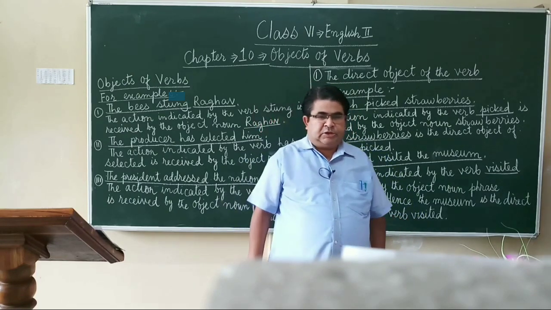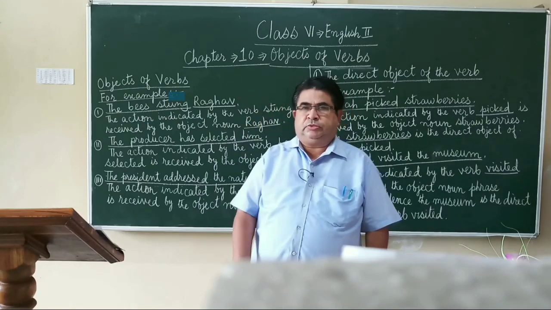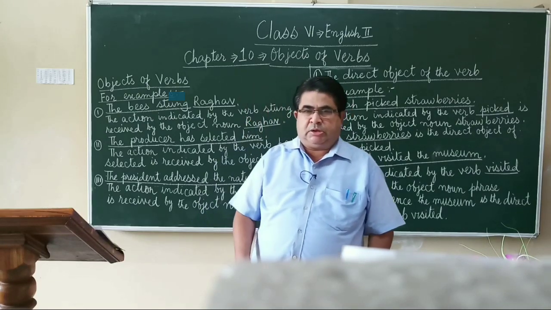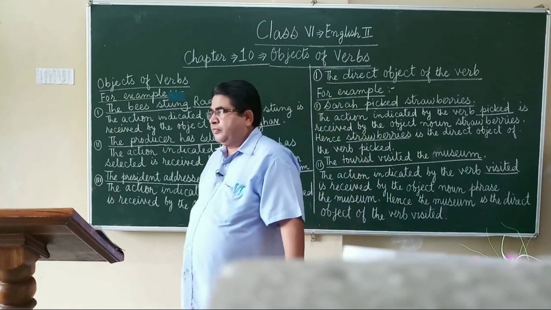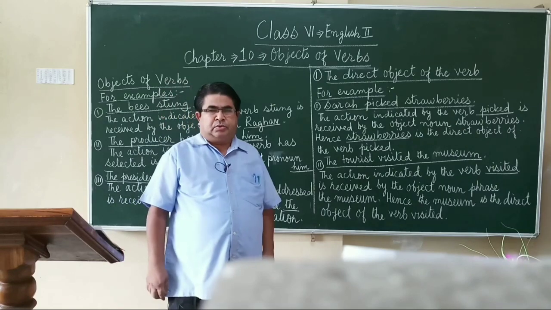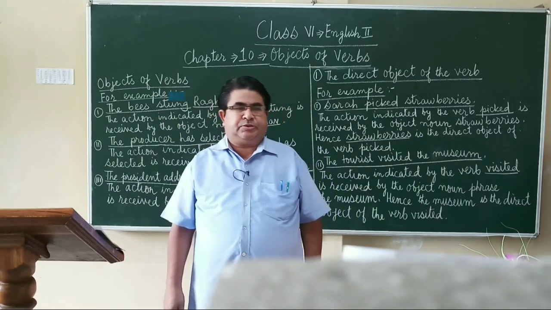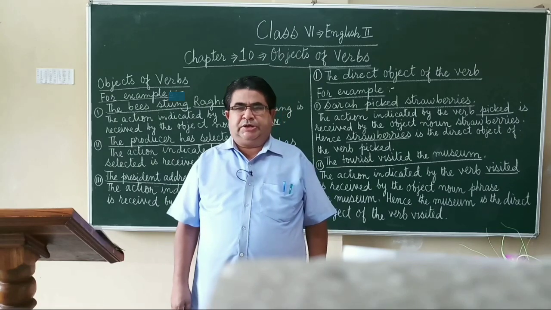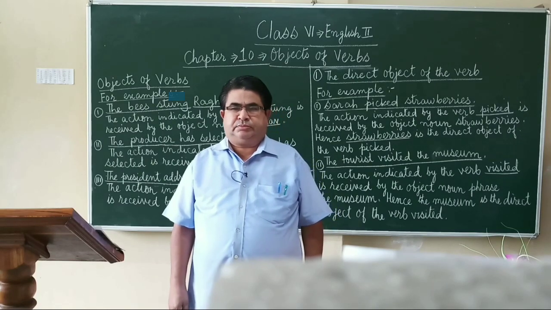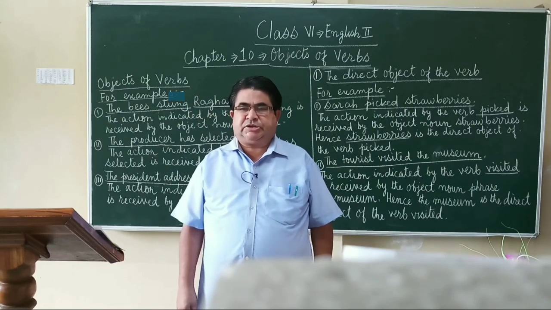Children, let us learn what is object of verbs with example. The noun phrase or pronoun that receives or is affected by the action indicated by the verb in a sentence is called object of verb.